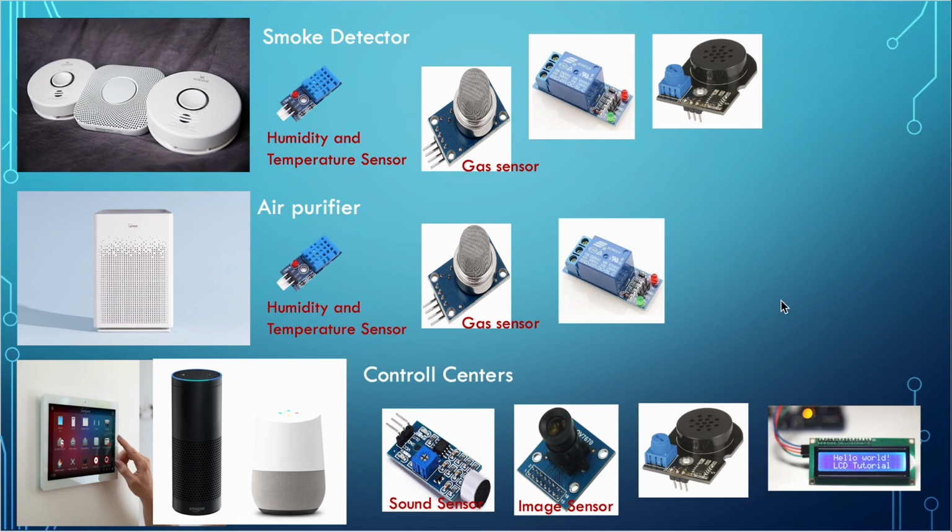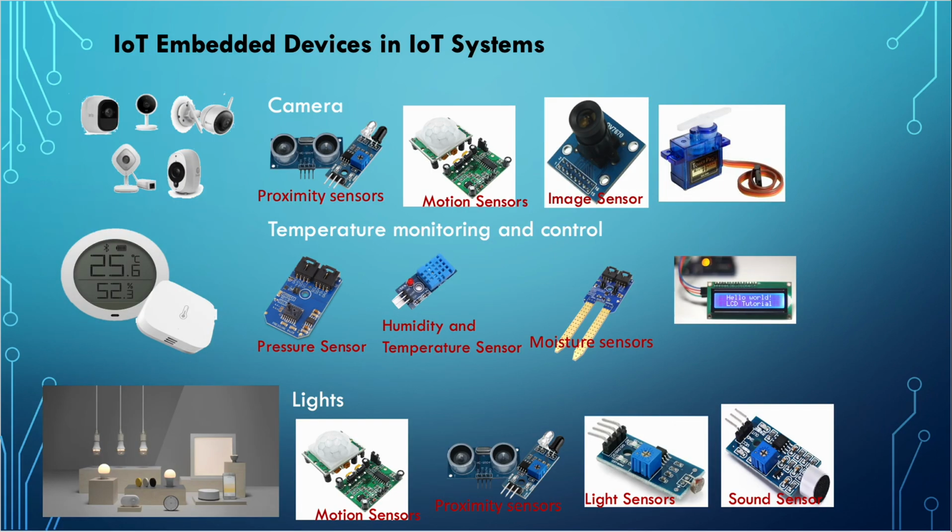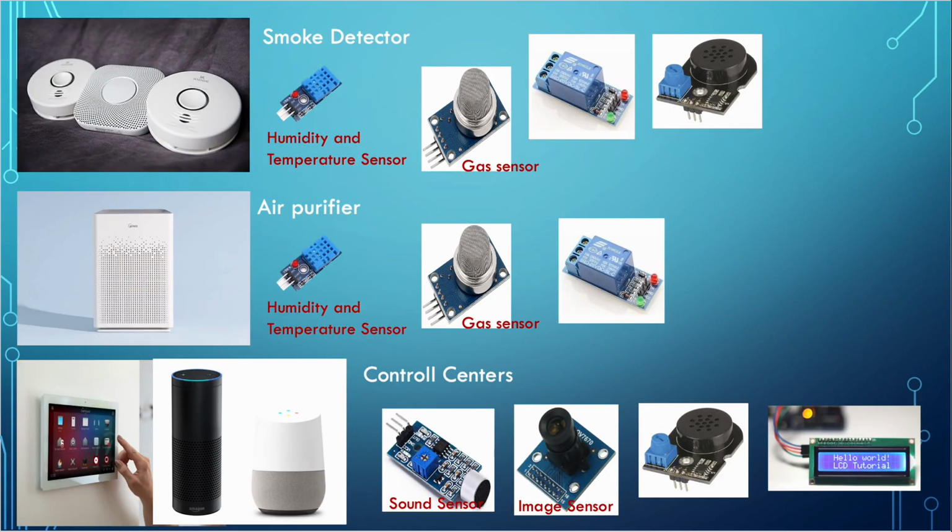So from control centers, now, most of these examples which are here are more geared towards home consumption, right? And one of the main things that I wanted to highlight is, when you are making an IoT device, depending on the job role of that IoT device, depending on what that IoT device does, it would have maybe one or a couple of sensors and actuators together.